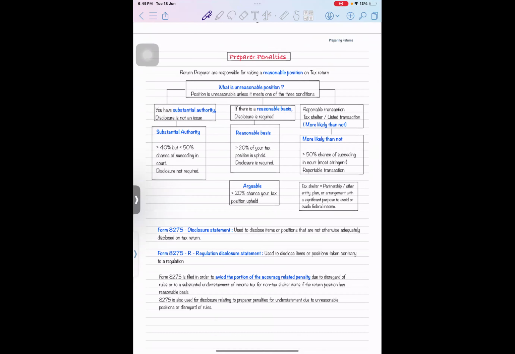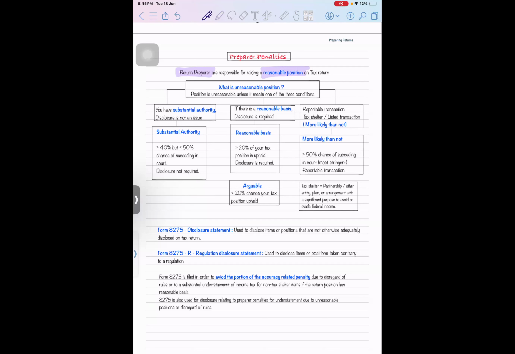Now see, the preparer penalty will be applicable if the preparer has not taken a reasonable position on the tax return. Here, reasonable position is defined based on three categories. Please understand, and if you think you're not able to catch up, please let me know and I'll go slow.